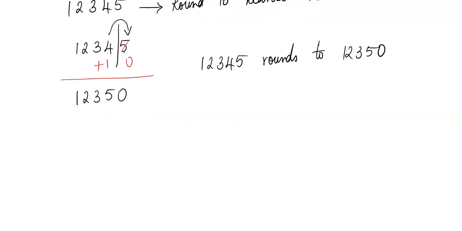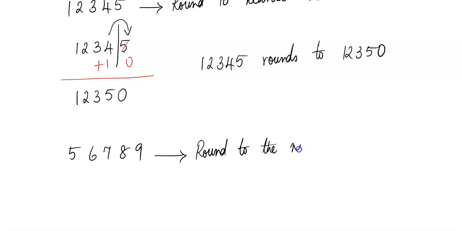Let's use a different number now. 5, 6, 7, 8, 9, because I'm looking for larger numbers to show you rounding to the nearest 10,000.